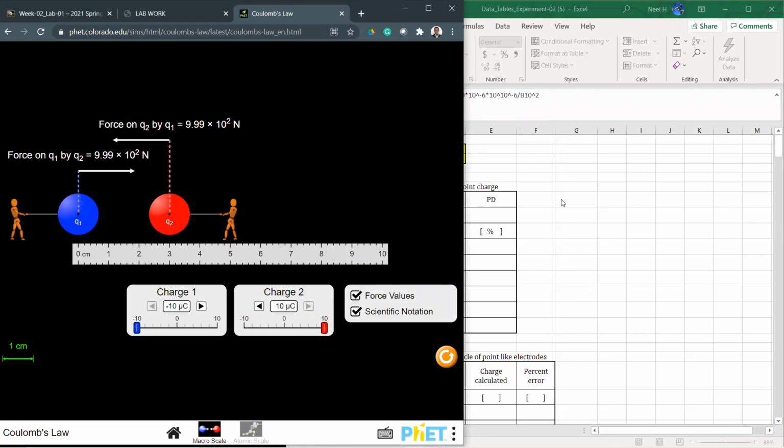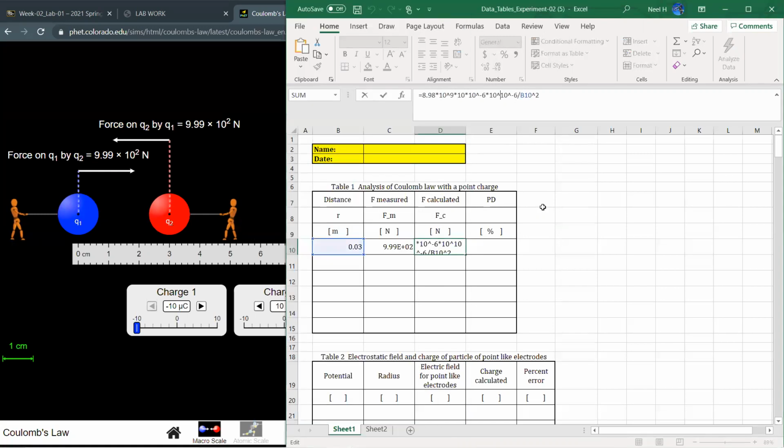Micro 10, that's good. Let me check what went wrong there. Okay, so I think maybe this one. Let's put parentheses on there. Still the power of 10 is not correct. Let us take a look at that very quickly.